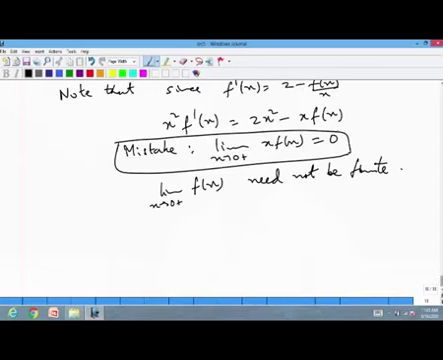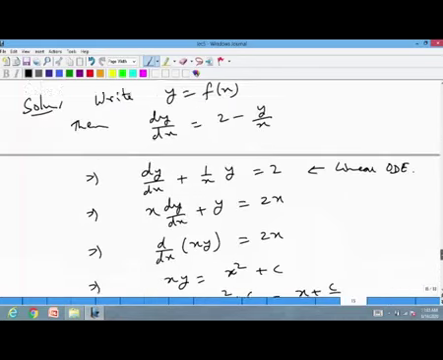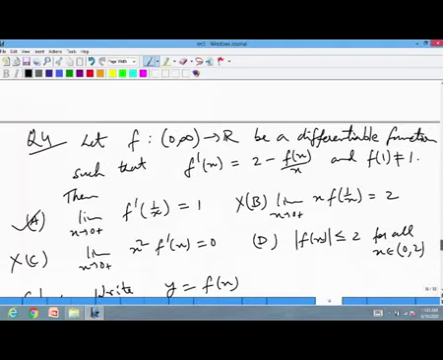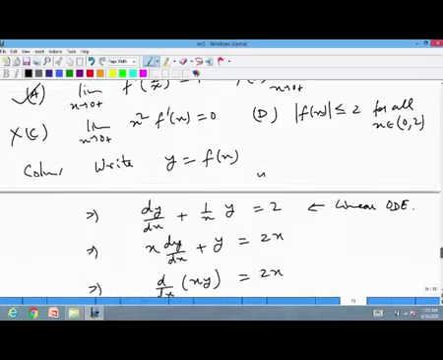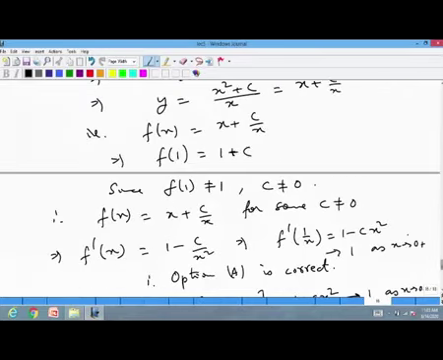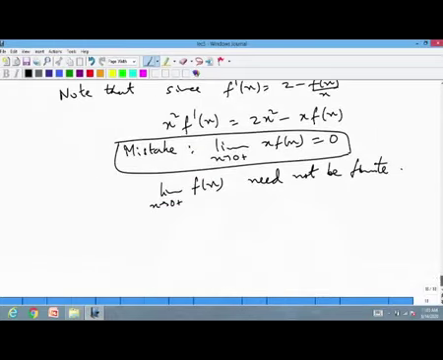So, now let us look at option D. Option D is saying that mod f x is less than or equal to 2 for x between 0 and 2. What is f x? F x is x plus c by x, and c is given to be non-zero.